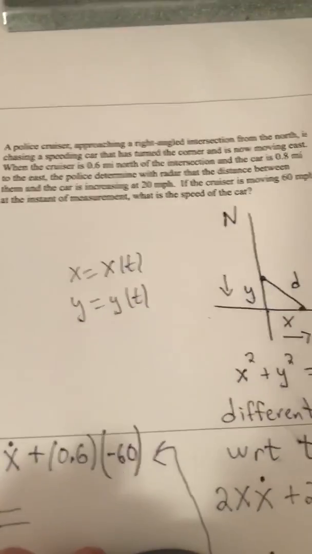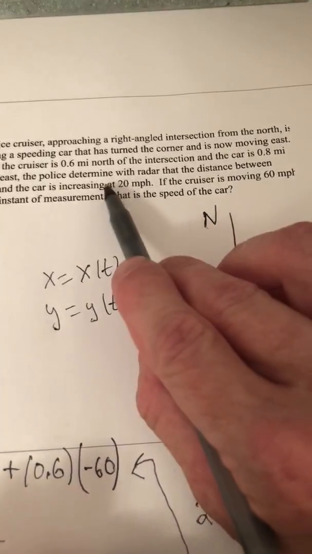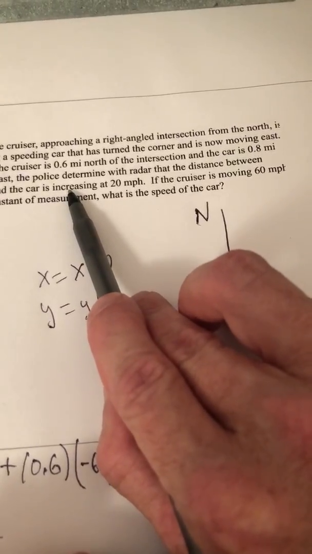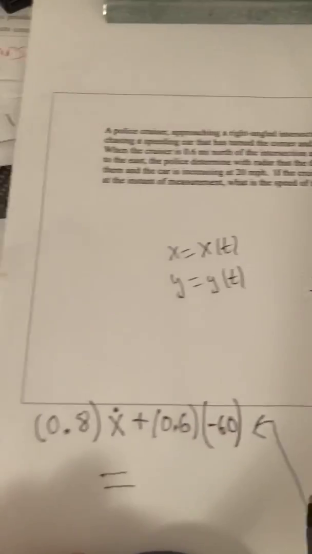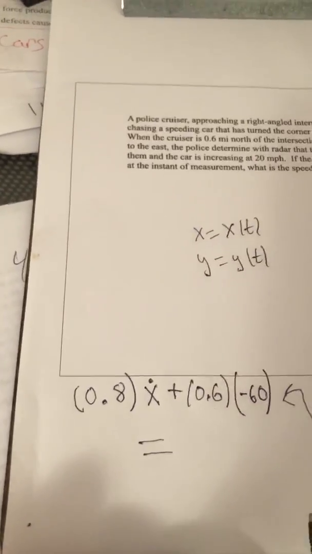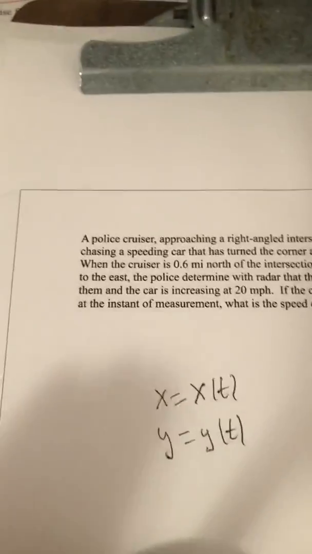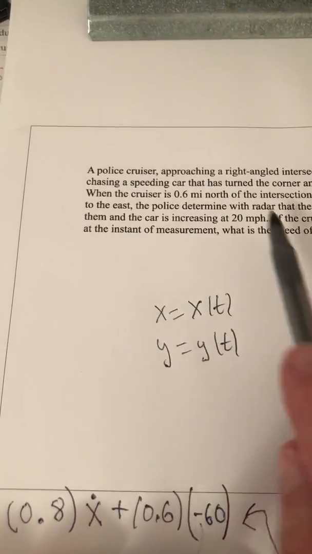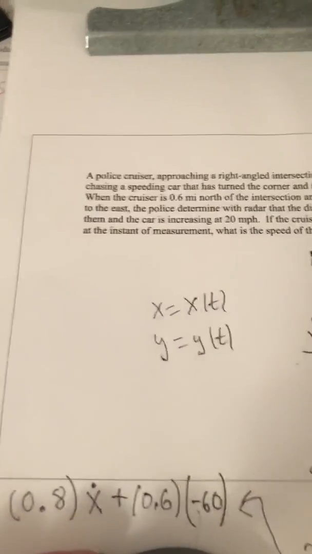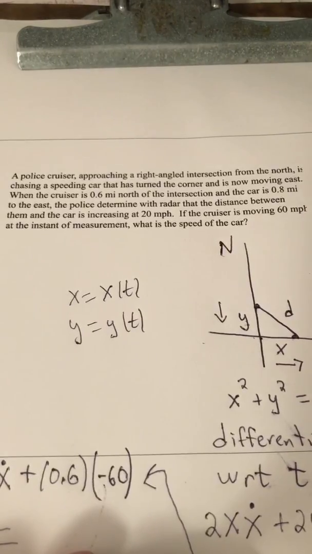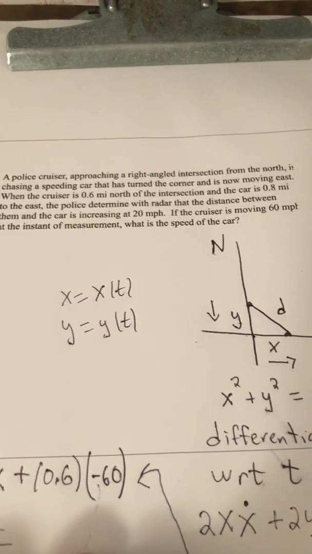Because remember, using the radar, the distance between them and the car is increasing, so d dot is positive. d dot is a positive 20. But what is d? Well, I'll go back to our triangle. Okay? y is 0.6. x is 0.8. x and y are the legs of a right triangle. So using the Pythagorean theorem, d is actually 1.